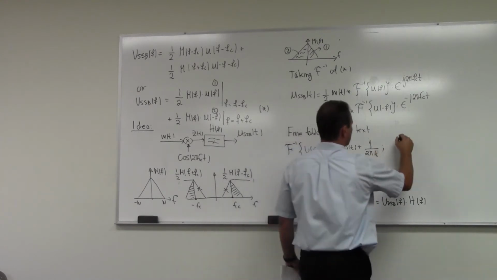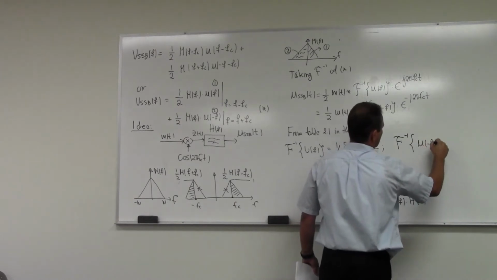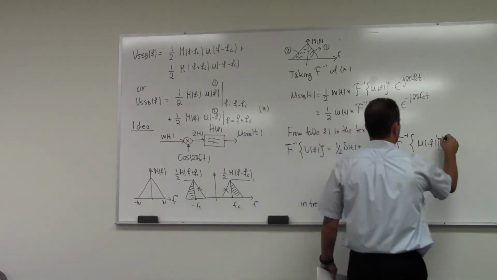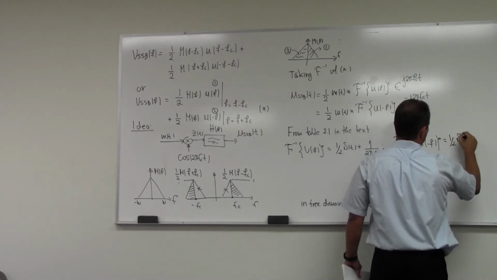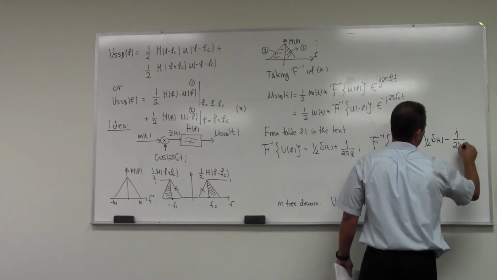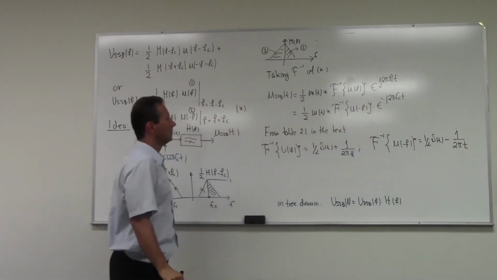And also you can find that the inverse Fourier transform of u of minus f is essentially the same thing, but complex conjugate, right? So it's going to be 1/2 delta of t minus j over 2 pi t. Right, so those are the inverse Fourier transforms of these guys.